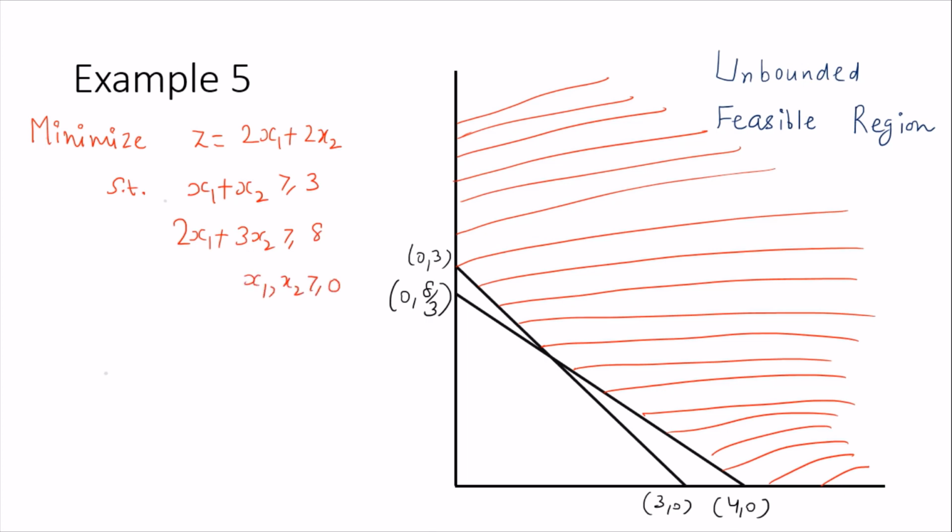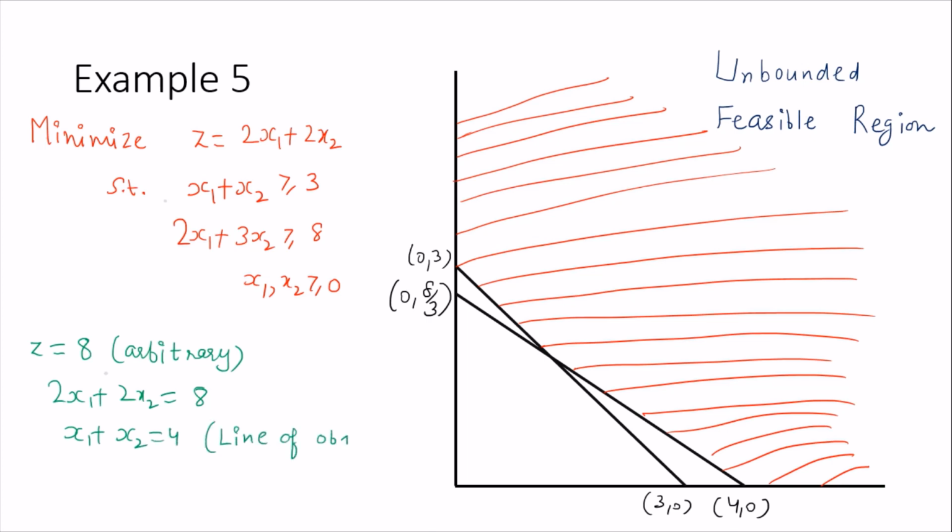So here you follow the same procedure. You draw the line of objective function by giving it any arbitrary value. I have given it z equals 8. So you need to draw 2x1 plus 2x2 equals 8.